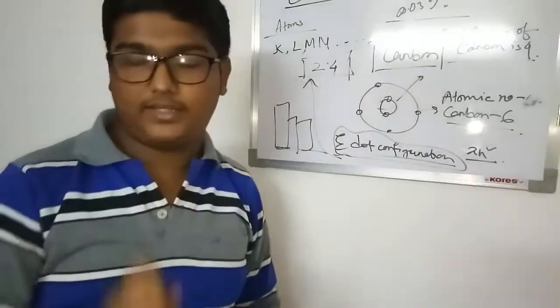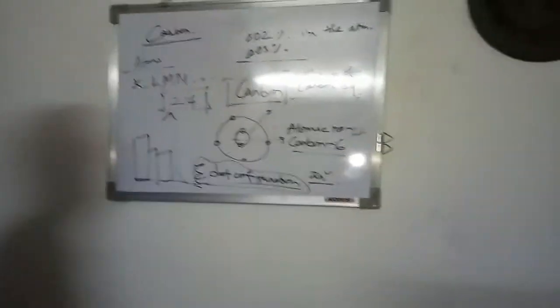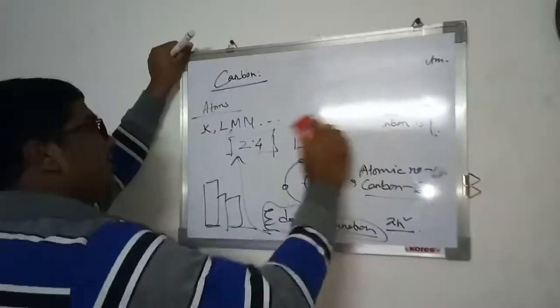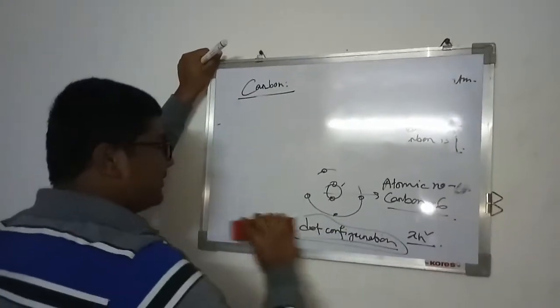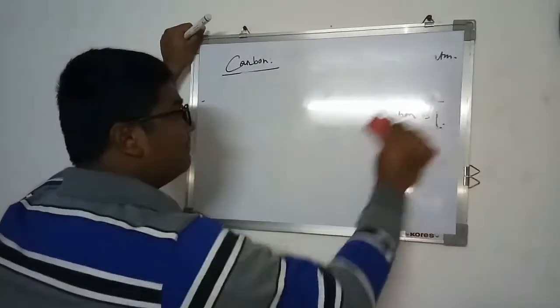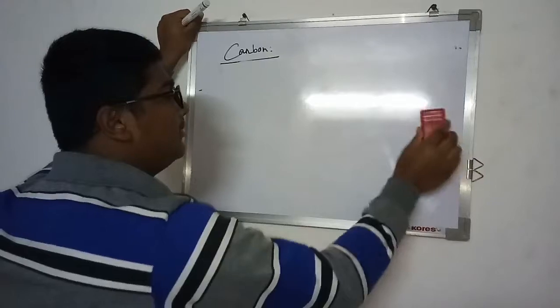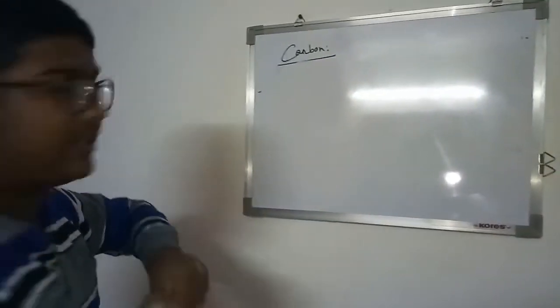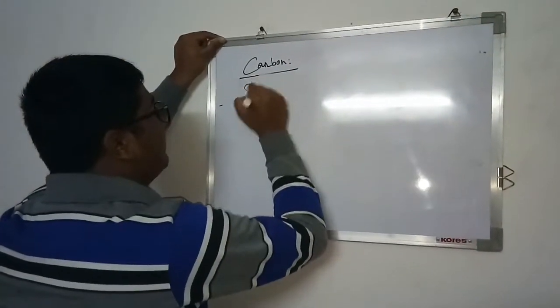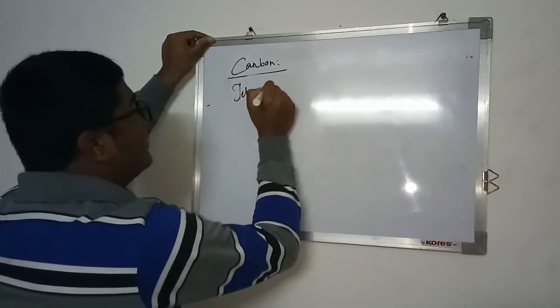Now what are covalent compounds? For that, the simple thing we are to know is that carbon has tetravalency. Now what is tetravalency?